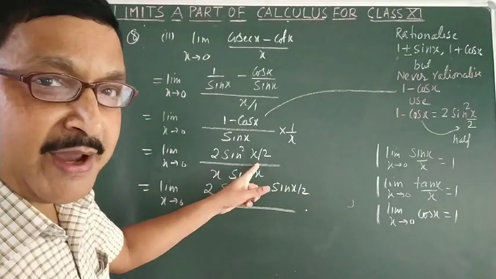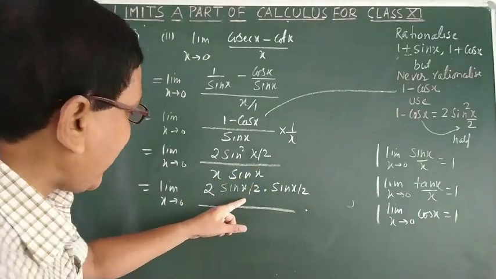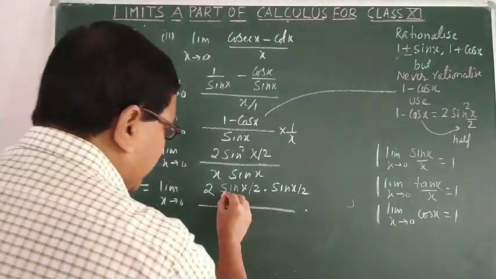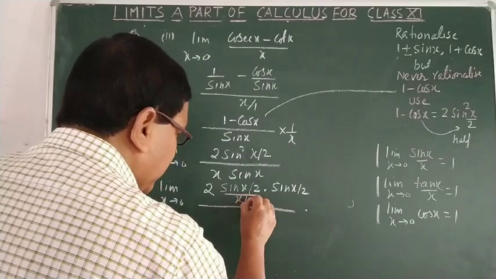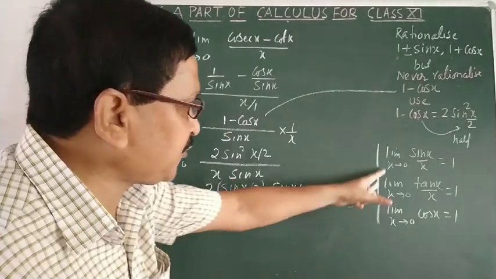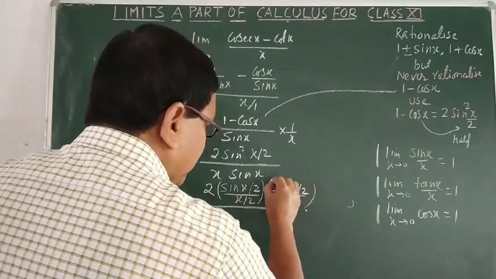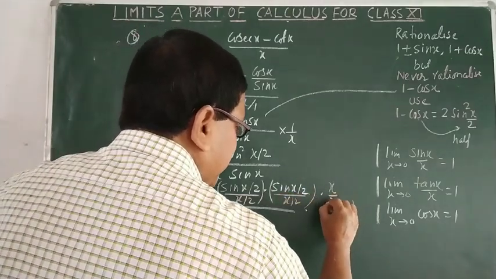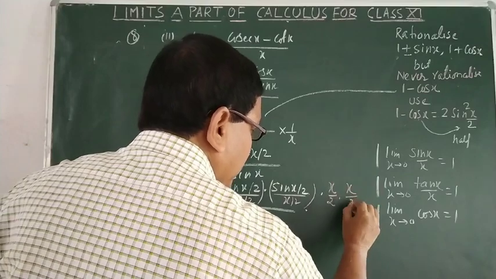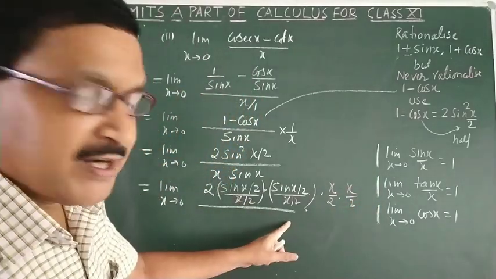Due to this square, sine x by 2 will be written twice, and each sine x by 2 needs x by 2 to become 1 according to the formula. Now multiply with x by 2 and x by 2. The twice you have written x by 2.